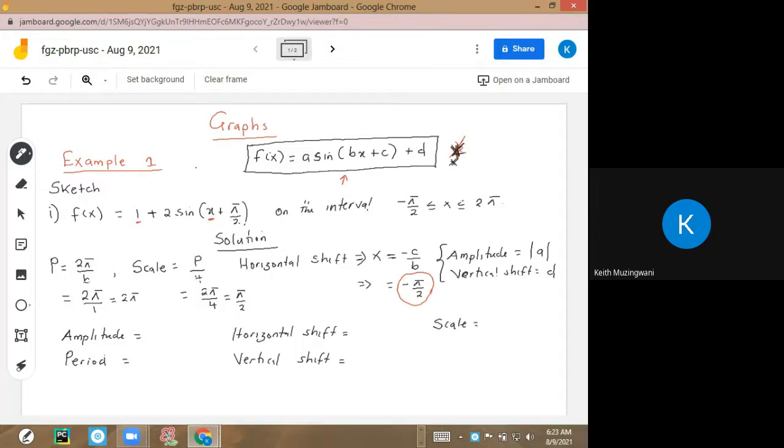The amplitude is just the modulus of A. So every time they ask you for the amplitude, you go to the function and look for A. What is A in the function? A will always be the coefficient of the sine.